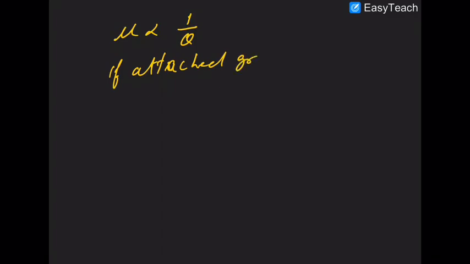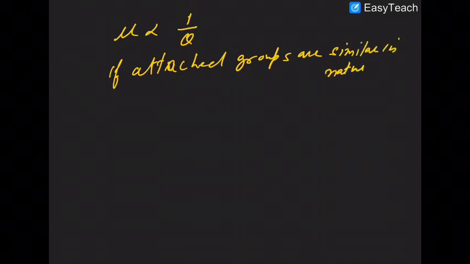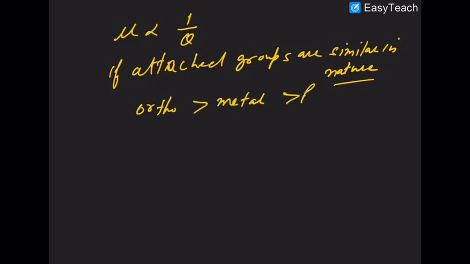I already told you that mu is also proportional to 1 by theta. If the attached groups are similar in nature, then ortho is greater than meta, which is greater than para.